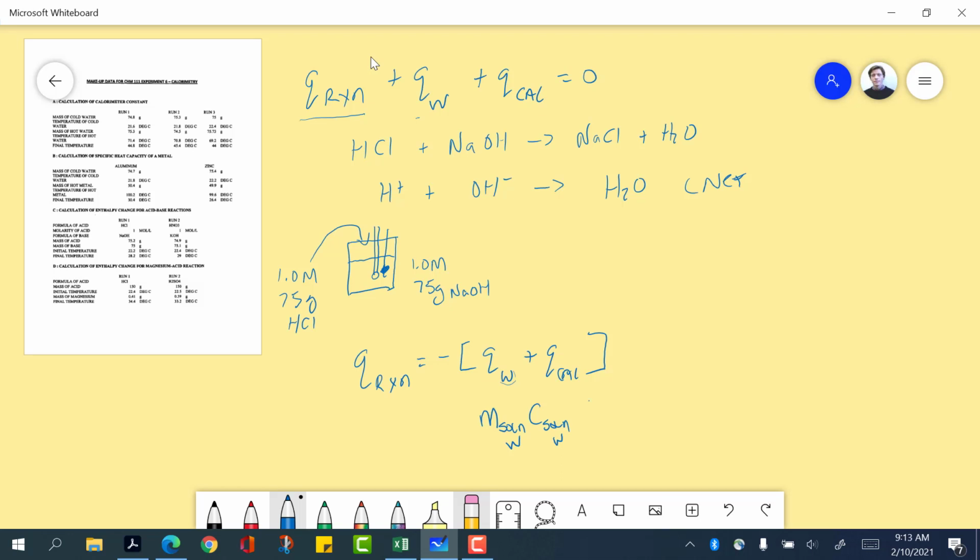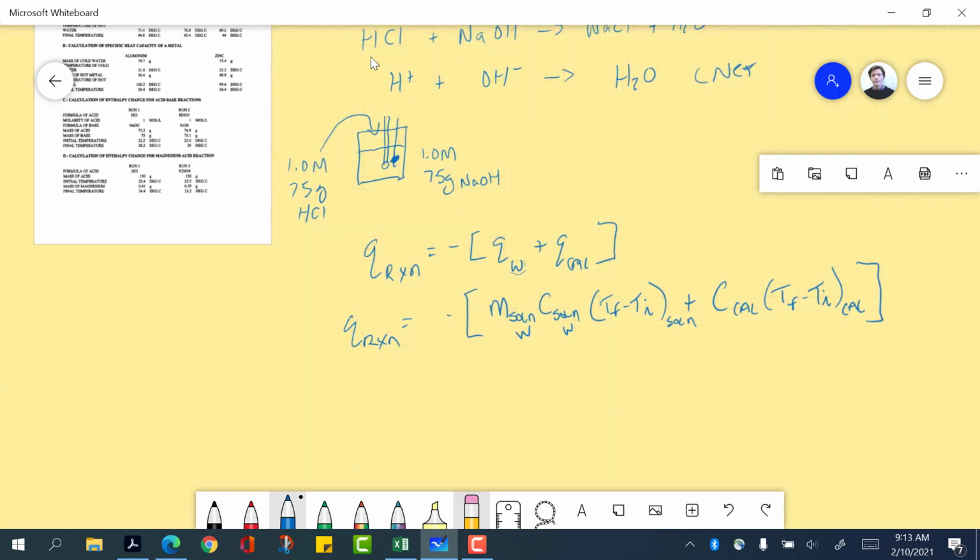Times the change in temperature of that solution, so Tf minus Ti. And of course we've got the heat capacity of the calorimeter constant, times the change in temperature of the calorimeter. That's Tf minus Ti. And the change in temperature of that calorimeter is the same as the solution that's in there. And all of that will be our heat of reaction.